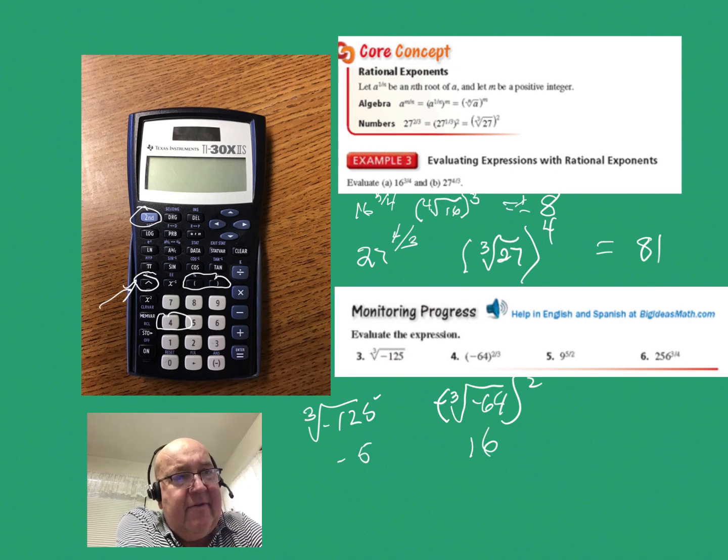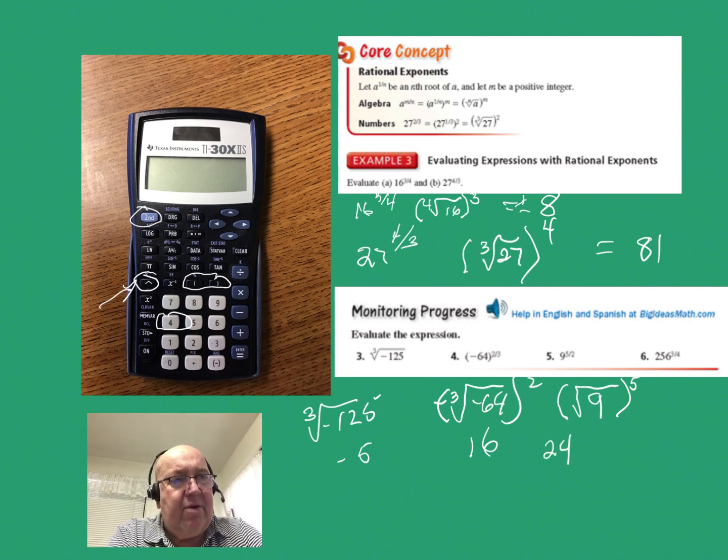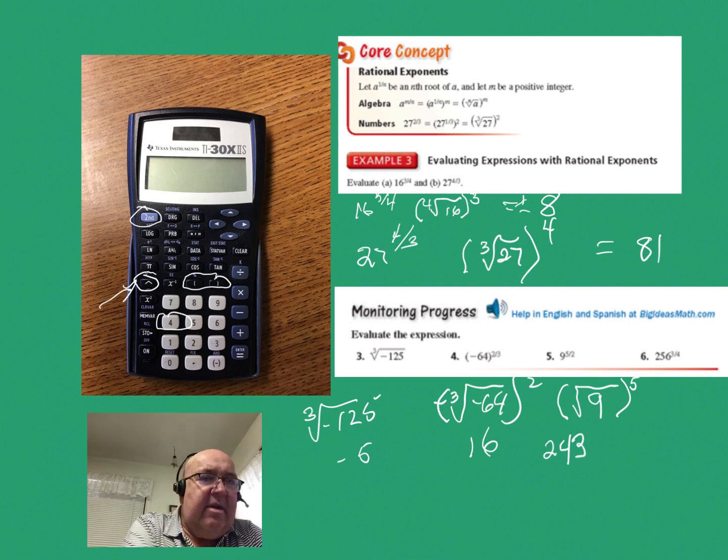Here we have just the square root. I don't have to put a 2 there. I just use the radical by itself. The square root of 9 to the 5th power is going to be 81 times 3, which is 243.